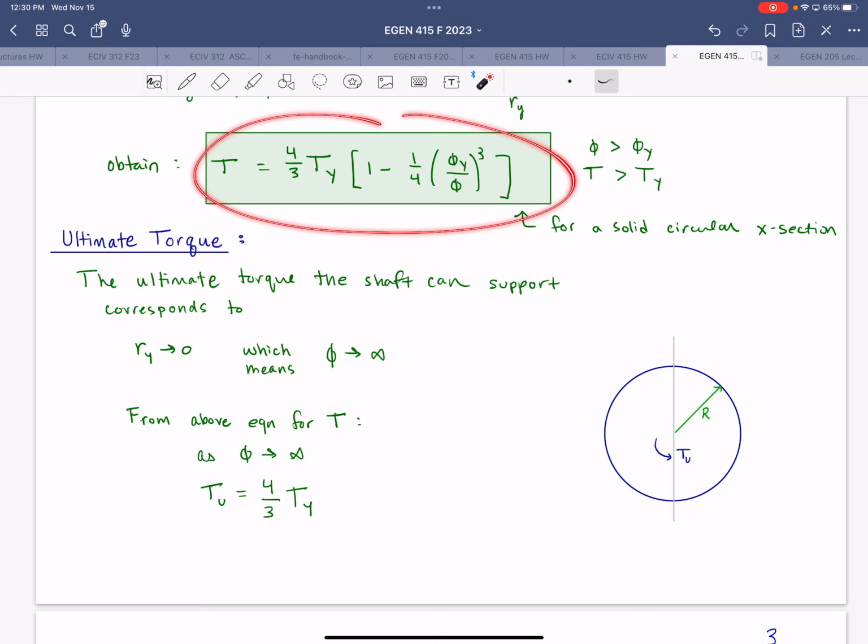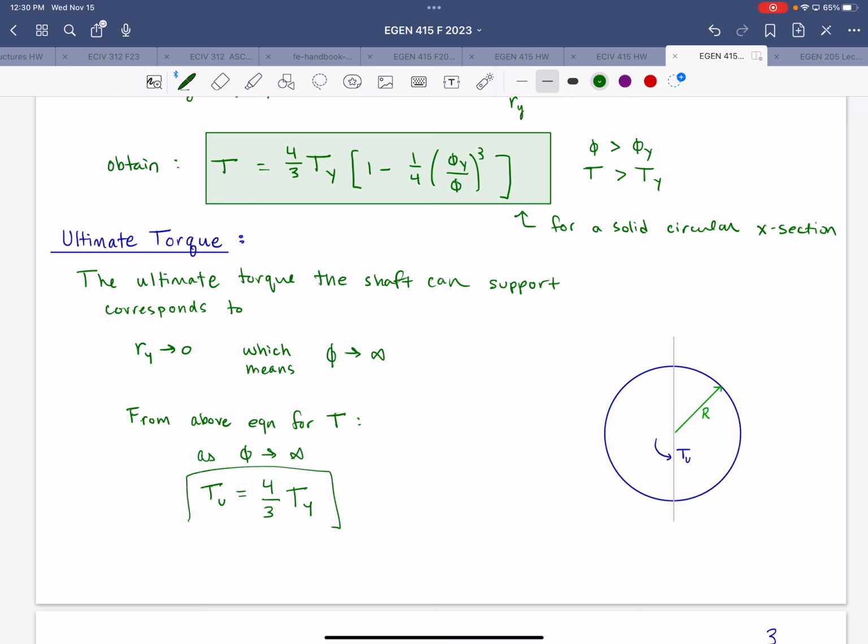So that's the limit of this equation as phi approaches infinity. And the stress distribution associated with that state would simply be a constant magnitude of the yield stress. And of course, that ultimate torque is greater than the yield torque.